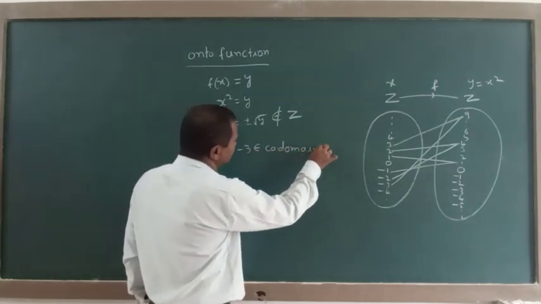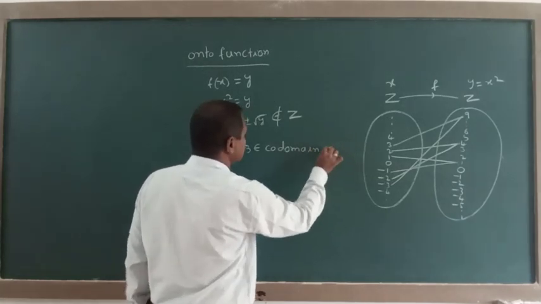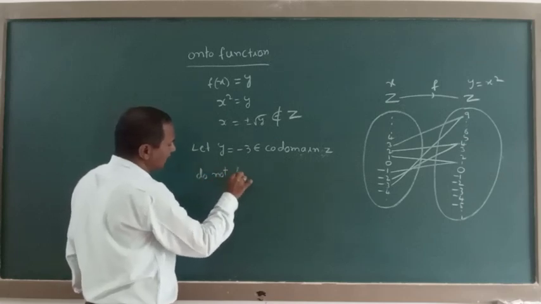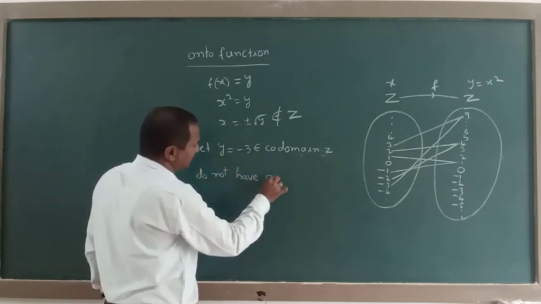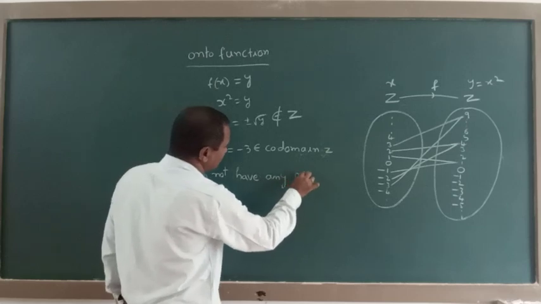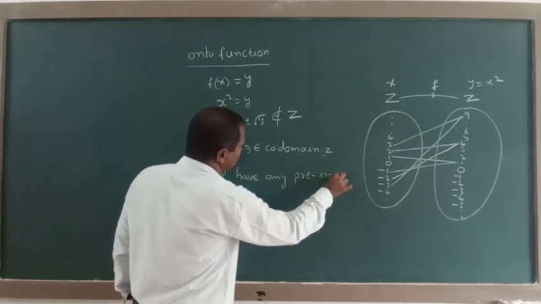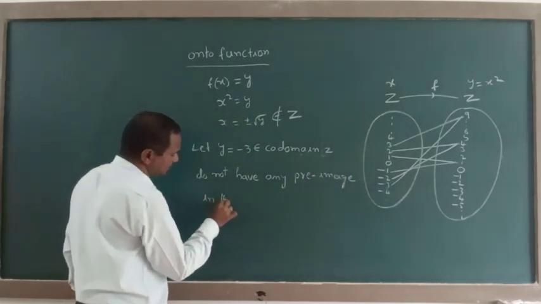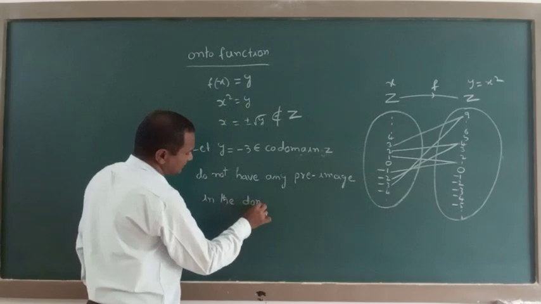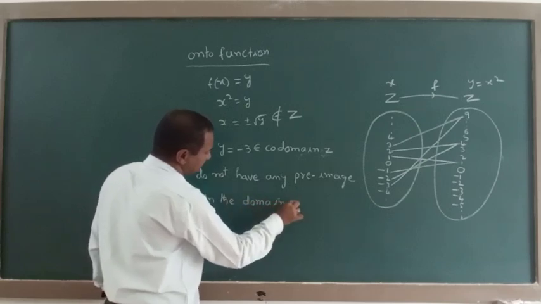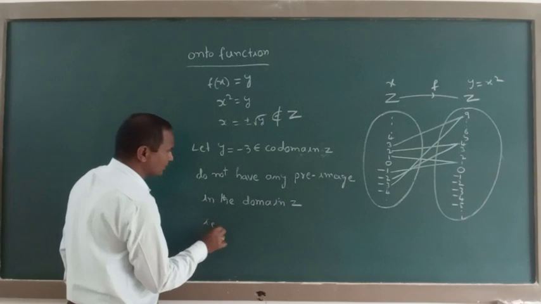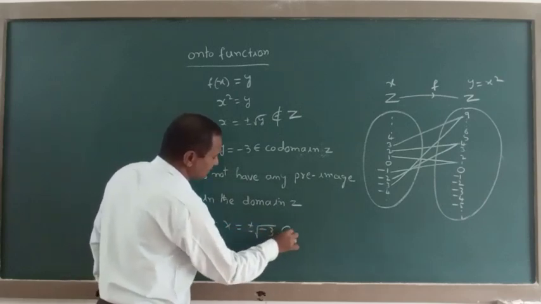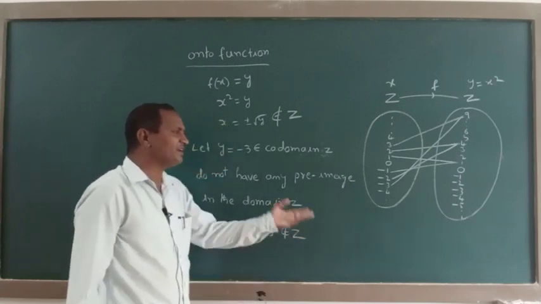Codomain Z does not have any pre-image in the domain Z. That is, x is equal to plus or minus square root of minus 3 does not belong to Z. One element is enough.